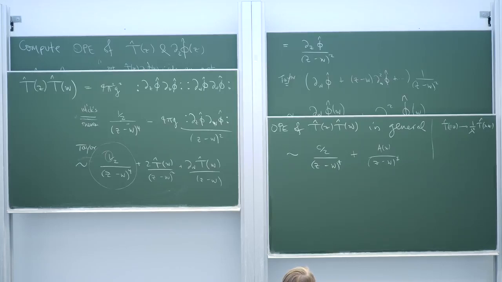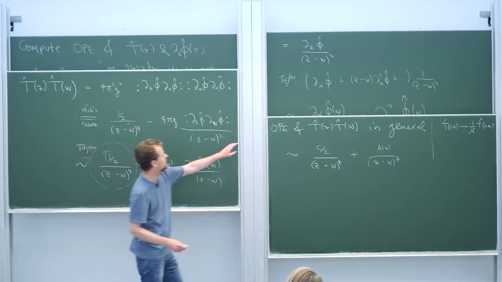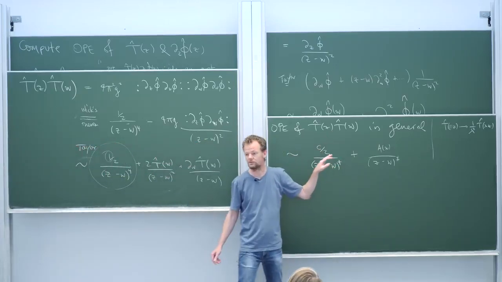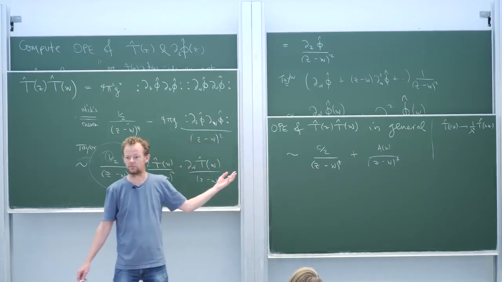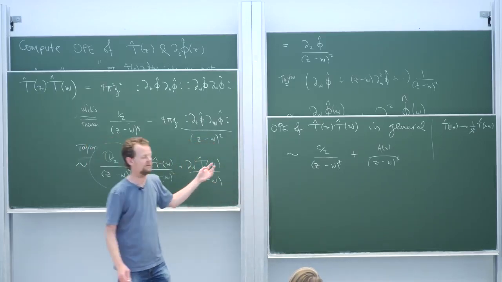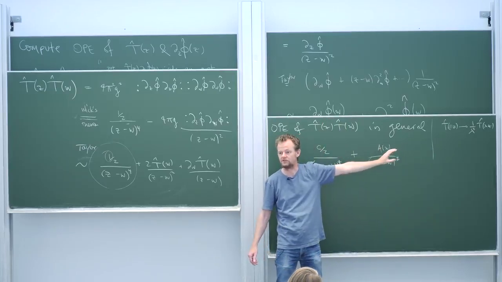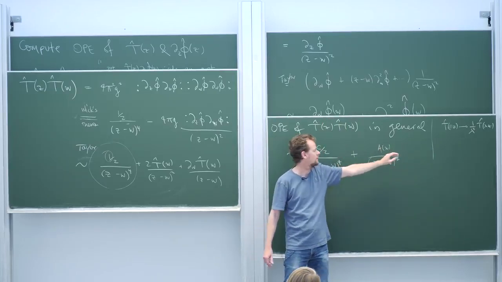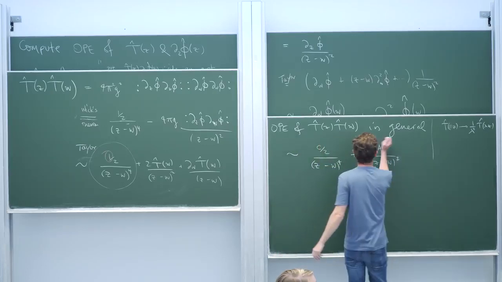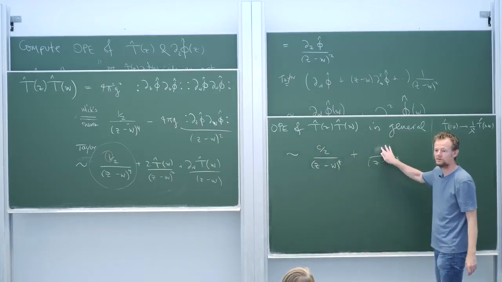Certainly if you're only allowing functions of T of z in there, because we expect this to close. We expect that doing two conformal transformations is again an example of a conformal transformation, then we should be able to express the OPE as some combination of things involving the stress energy tensor. And then you're very limited about what you can put here.